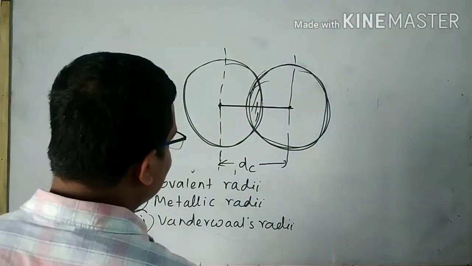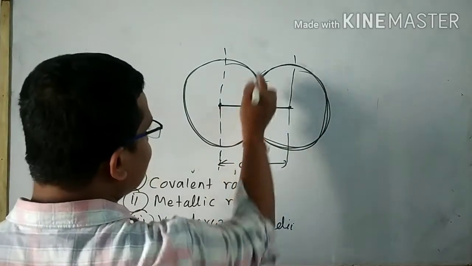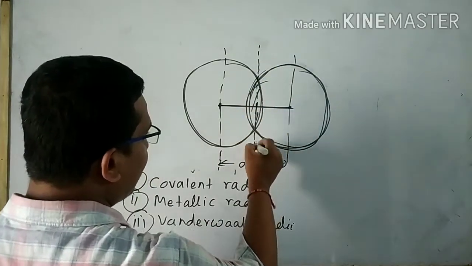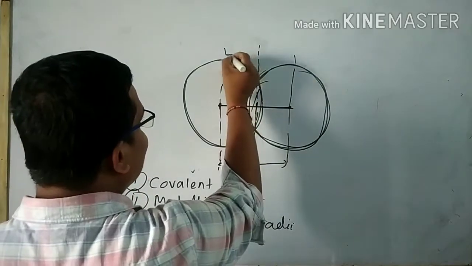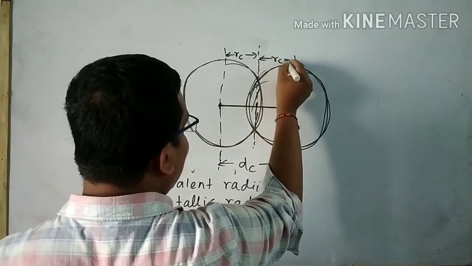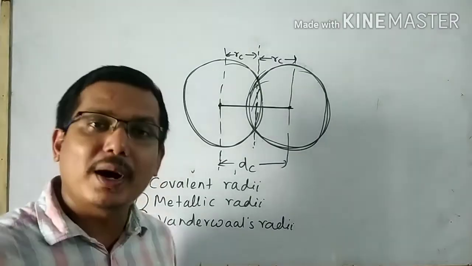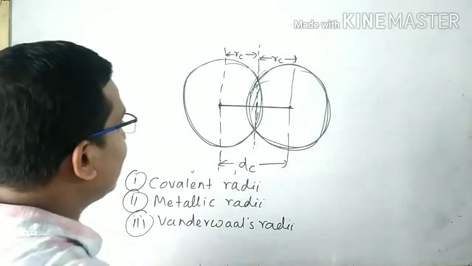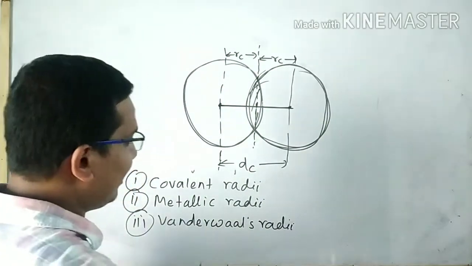Then the half of this distance is considered as RC. What is RC? That is called covalent radii.